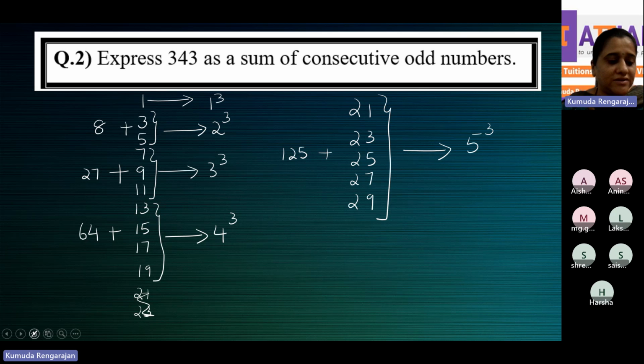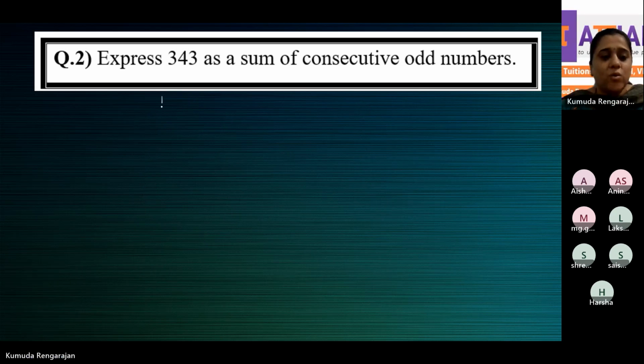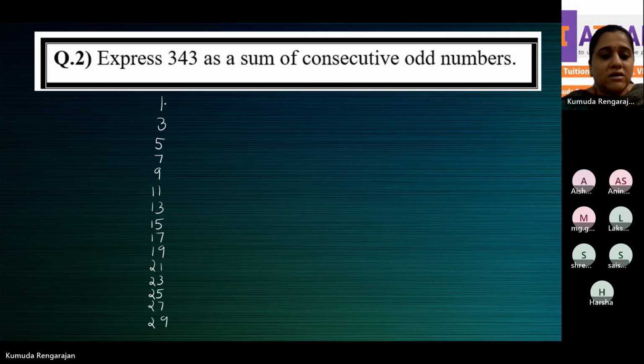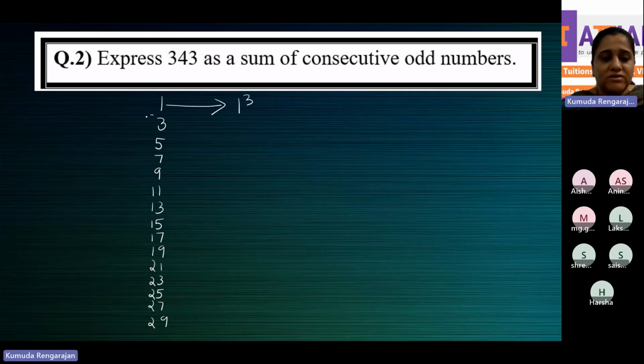I'll write the same thing again. 1, 3, 5, 7, 9, 11, 13, 15, 17, 19, 21, 23, 25, 27, 29. Take only one number. That is 1 cubed.